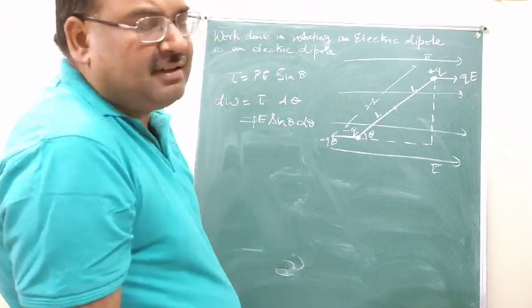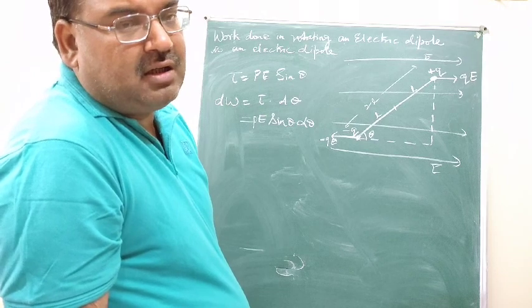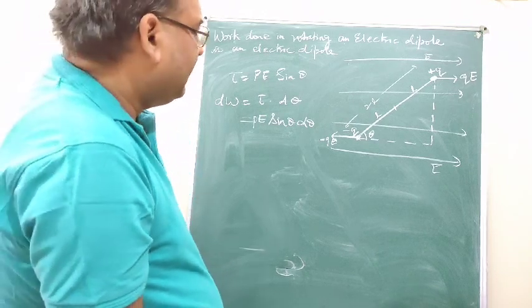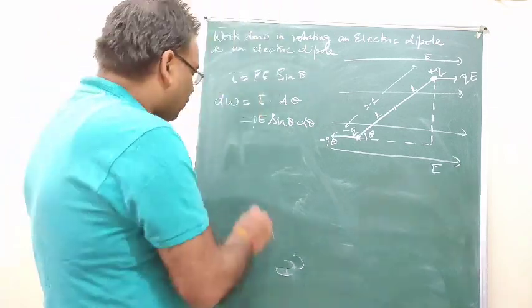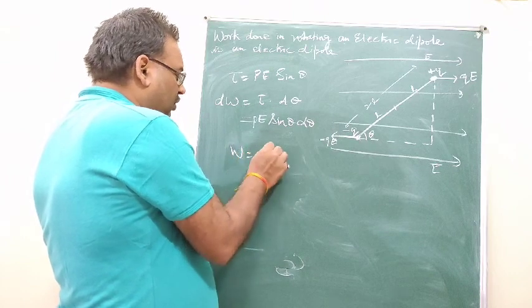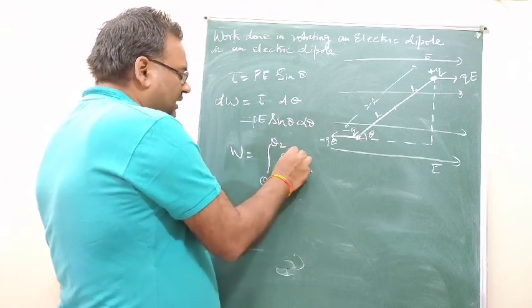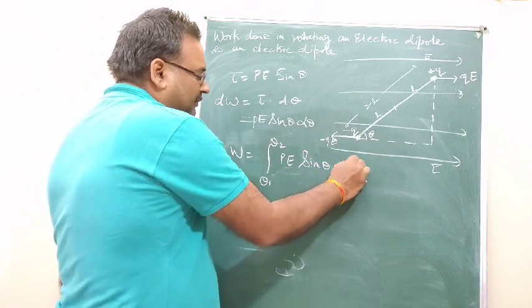Let the initial angle be theta 1 and the final angle at which the dipole rests be theta 2. So we will integrate within the limits theta 1 and theta 2. So what we will get? W is equal to integration from theta 1 to theta 2 of PE sin theta d theta.